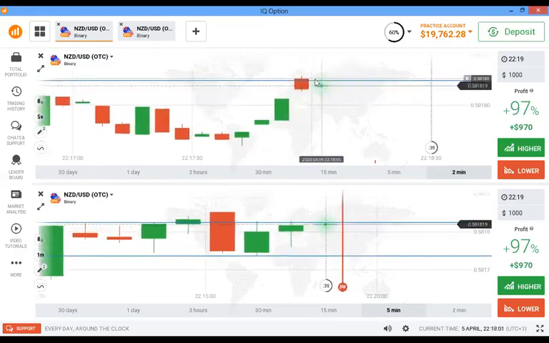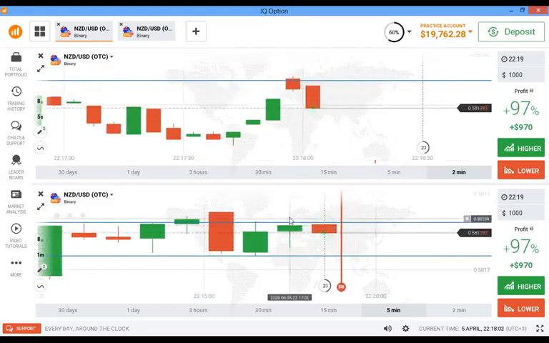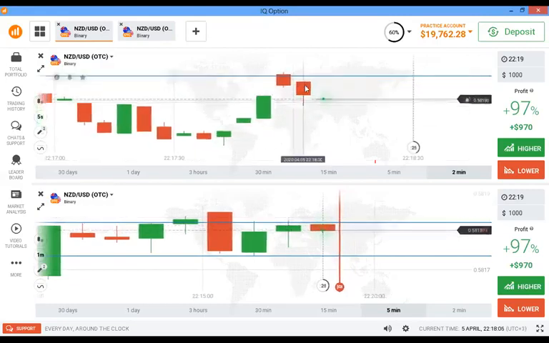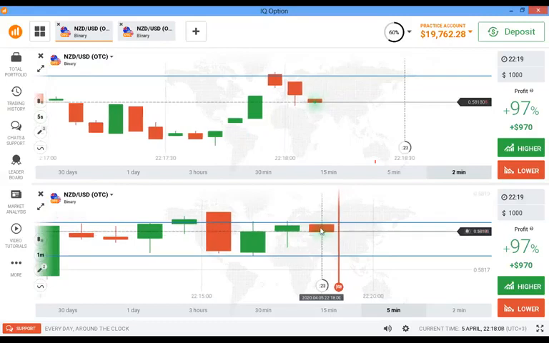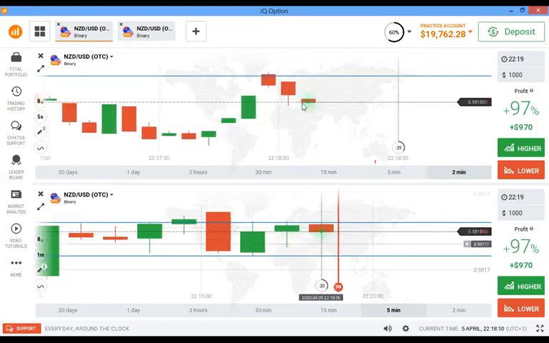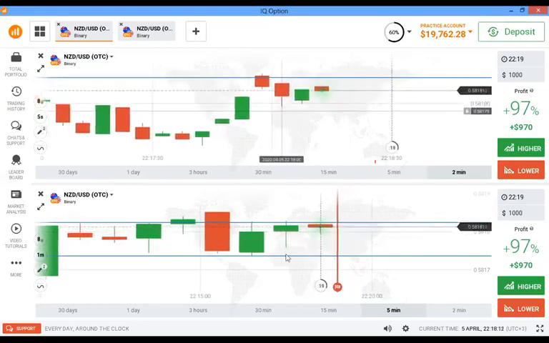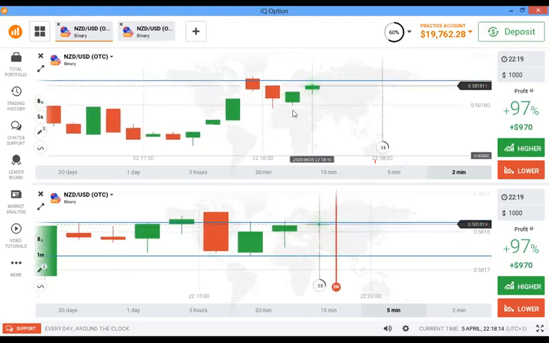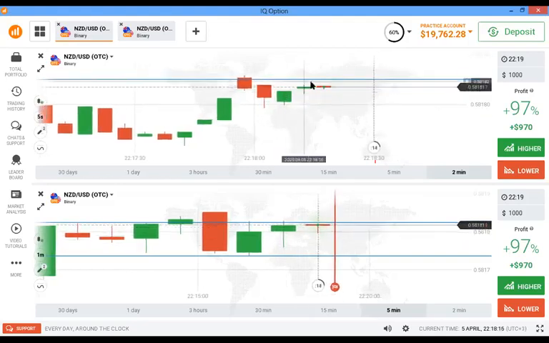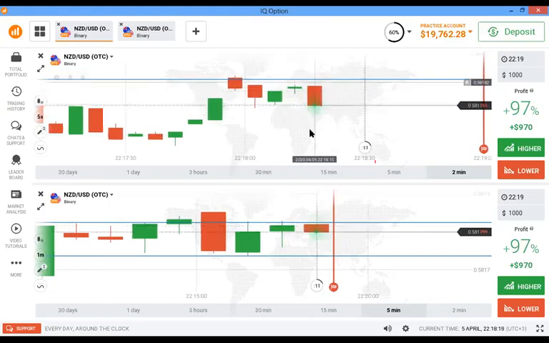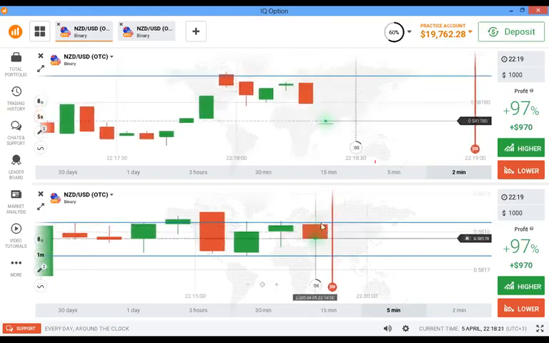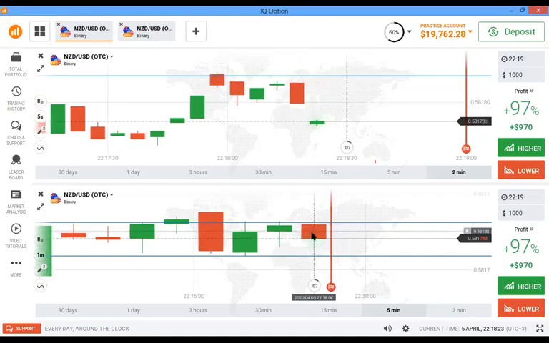Now at this level, sellers entered. That is the small rejection we are seeing here. Sellers entered again. That is the sellers entry that we are seeing here. This rejection from buyers, this disturbance from buyers is this bullish candle that we are seeing here. A weak candle, after a weak candle, strong sellers entry, is that the sellers close below that rejection.